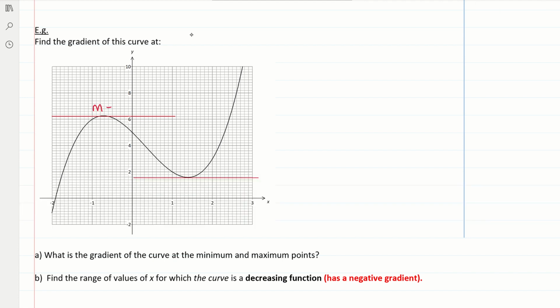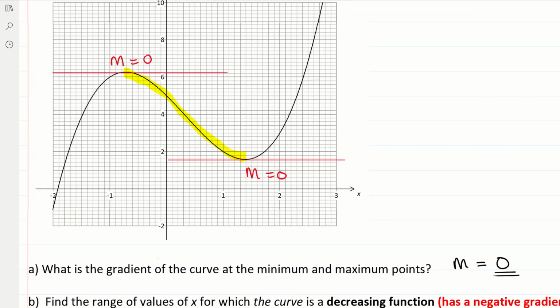So always at the turning points the gradient is 0. And then for part B it says find the range of values for x for which the curve is a decreasing function. Decreasing function means that the gradient is negative. So if you look at this, it's basically from the turning point to the other turning point. That is when the function is decreasing.